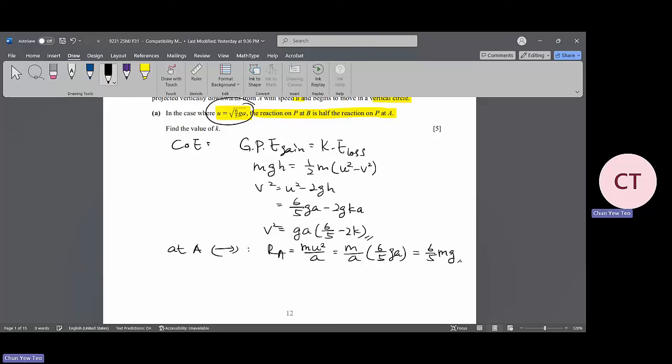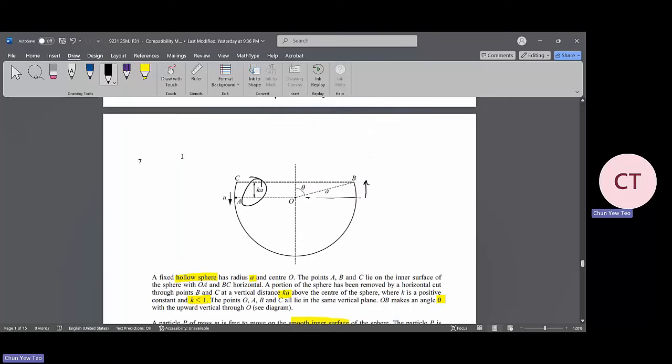That is your RA. Then at B, if you resolve towards the center, you get RB plus mg cos theta is equal to mv square over A. But you need to understand the triangle over here.